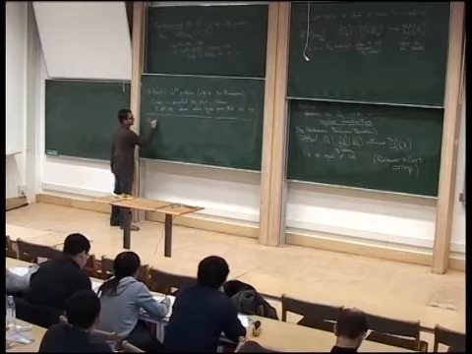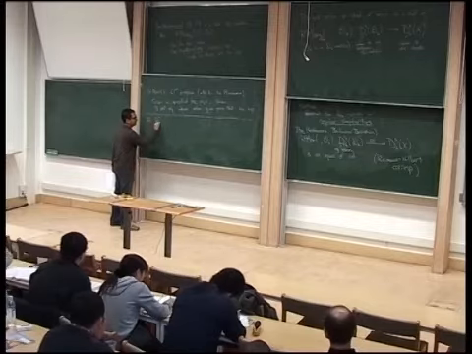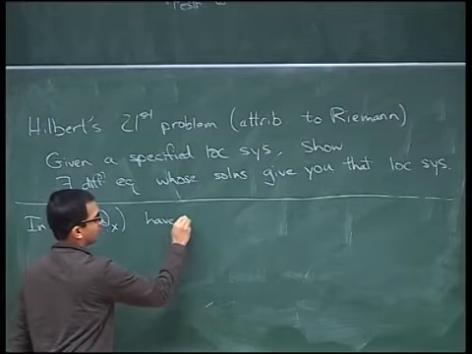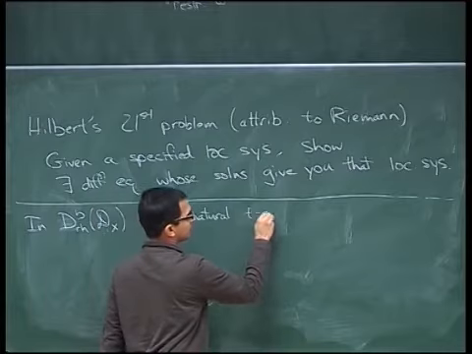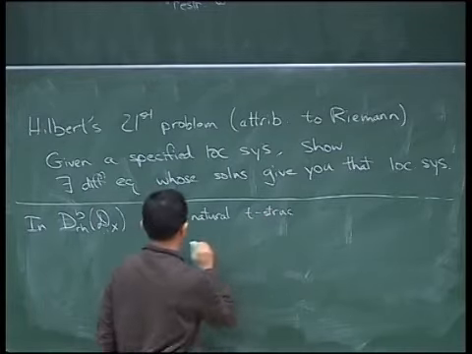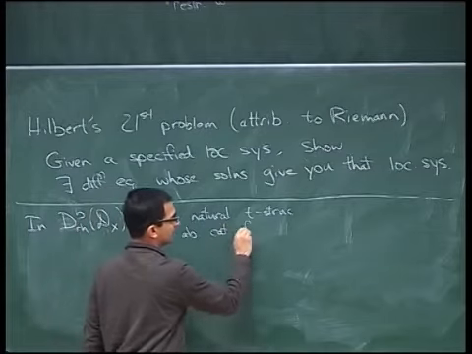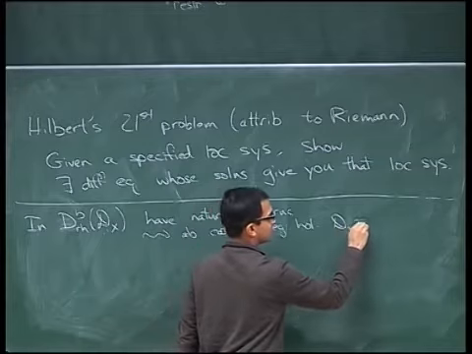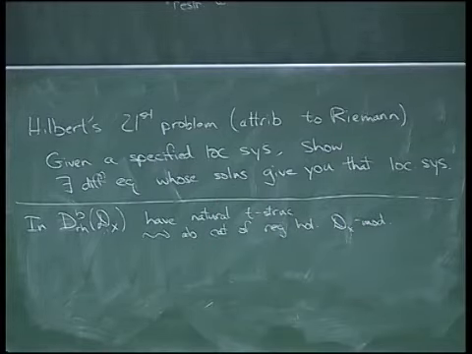So in D^b_RH(D_X), we have the natural t-structure, which gives you the abelian category of regular holonomic D_X modules. And then you can follow that t-structure across the equivalence.